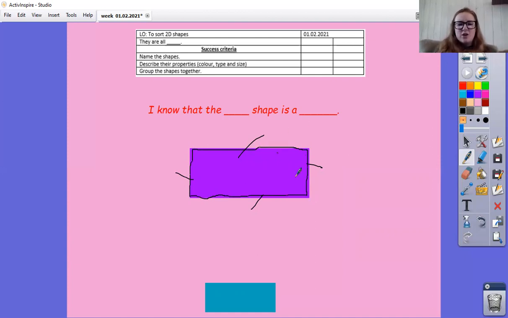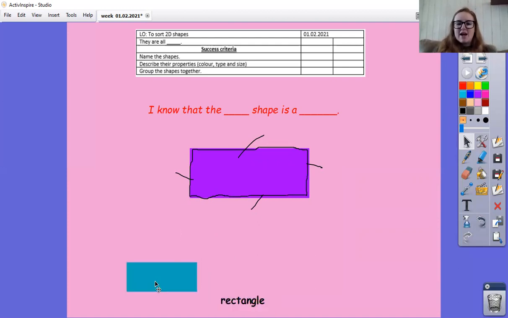No, all these sides are not equal because I can see that these sides are smaller than these sides. So it has 4 straight sides, but they are not equal. What shape does that make it? Have a little think, shout it out if you know. It is a rectangle. I know that this shape is a rectangle because it has 4 straight, unequal sides.